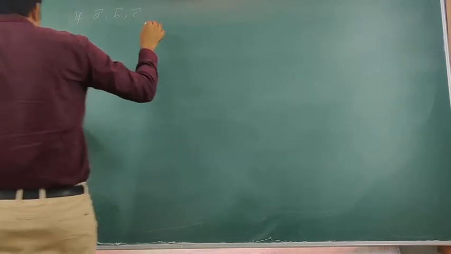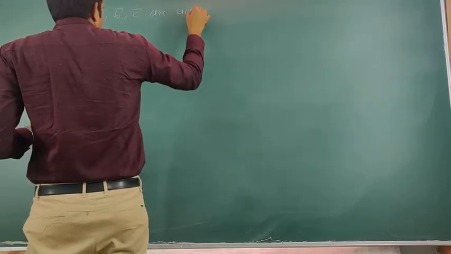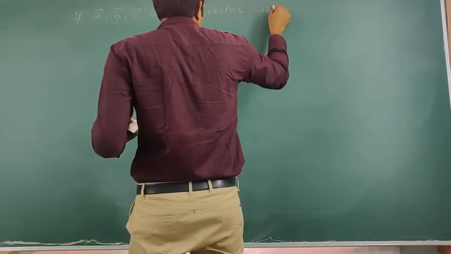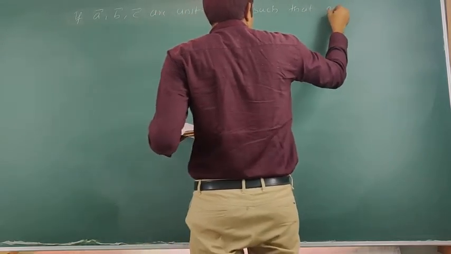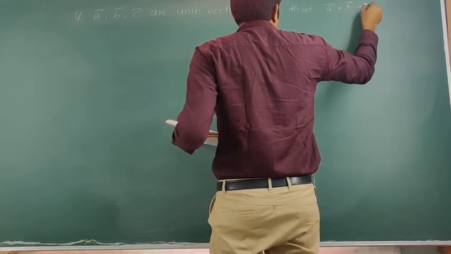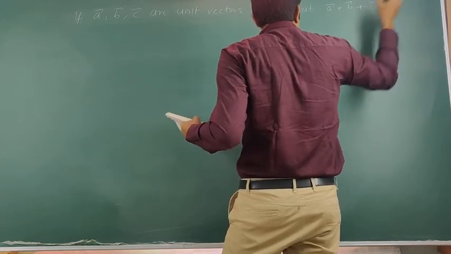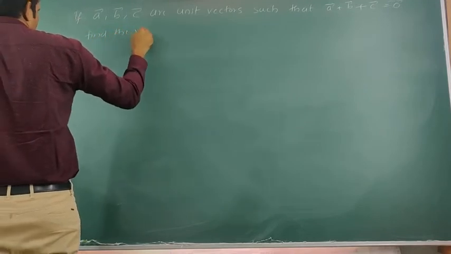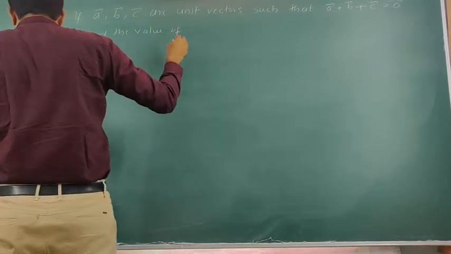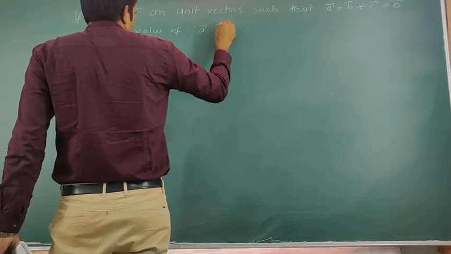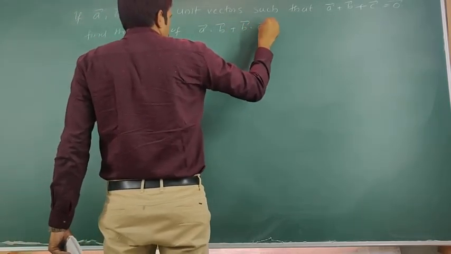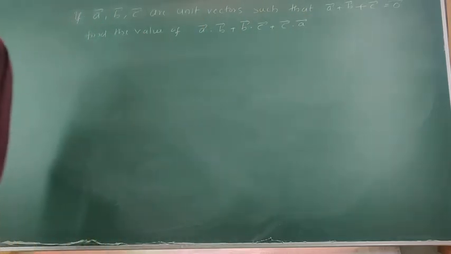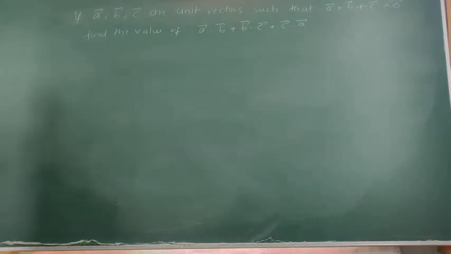If A, B, C are unit vectors such that A plus B plus C is equal to a zero vector, find the value of A dot B plus B dot C plus C dot A. So this is also asked for 3 marks.